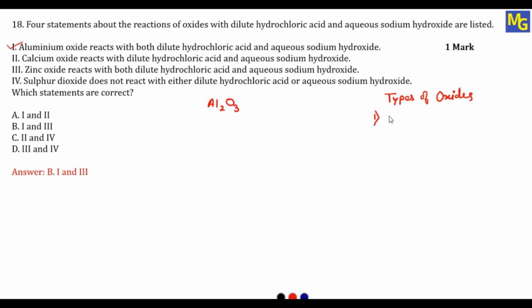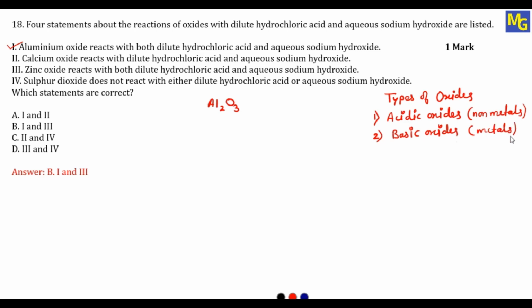First one, acidic oxides. Who will give acidic oxides? All non-metals will give acidic oxides. Second, we have basic oxides, and basic oxides we get from metals.